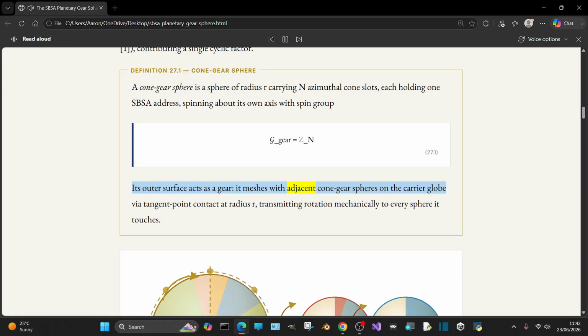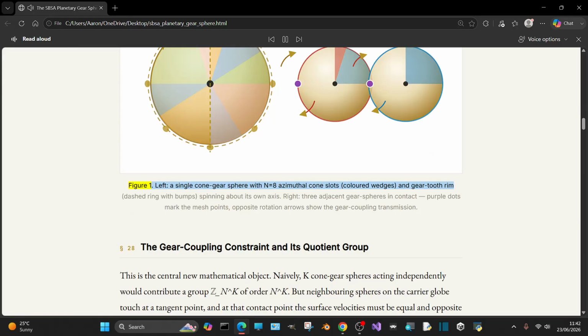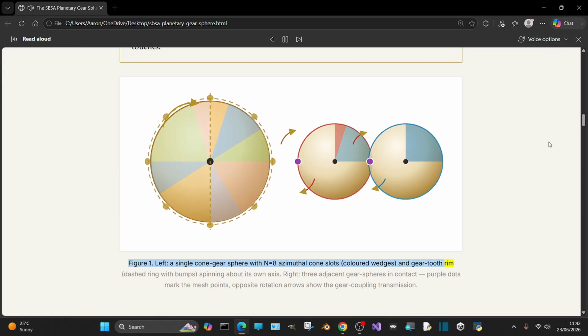It meshes with adjacent cone gear spheres on the carrier globe via tangent point contact at radius r, transmitting rotation mechanically to every sphere it touches. Figure 1. Left, a single cone gear sphere with n equals 8 azimuthal cone slots, colored wedges, and gear tooth rim, dashed ring with bumps, spinning about its own axis.